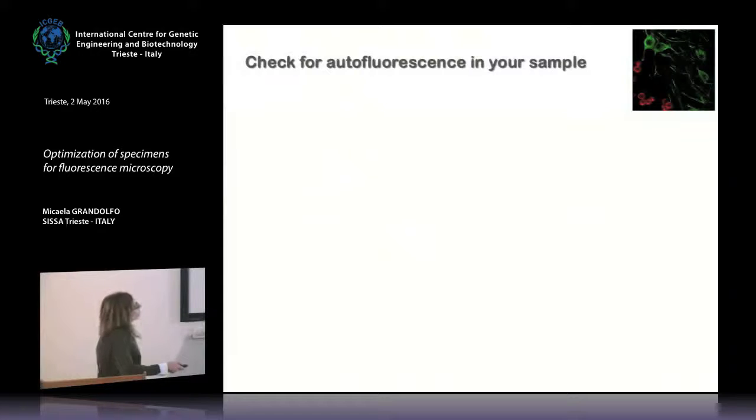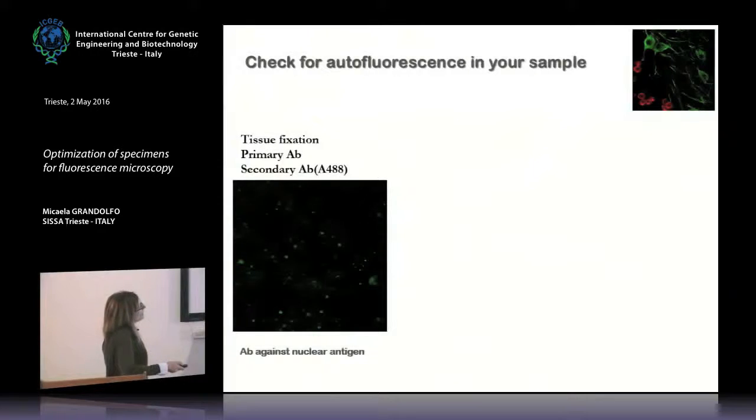Okay. So I would like to underline that it is really important to check for autofluorescence in your sample before going ahead with your experiment and before reaching any conclusions. This is an example. It is not very clear, but okay. This is a section of brainstem, and this section was stained for a nuclear protein.